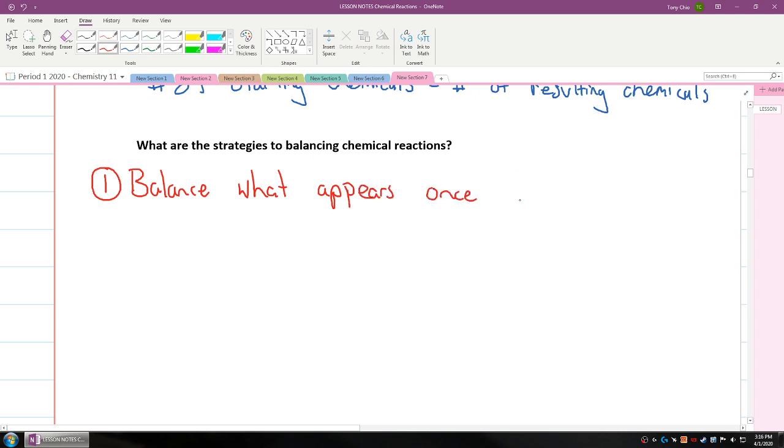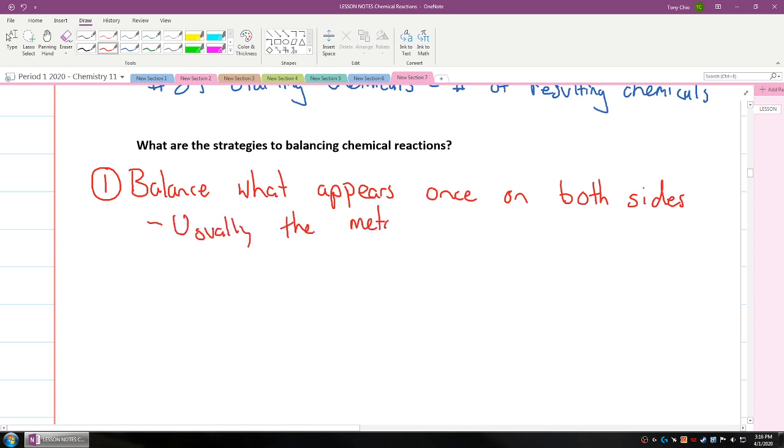Now, what does that mean? What that means is usually these are chemicals that only appear in one chemical on each side. Usually they are metals.